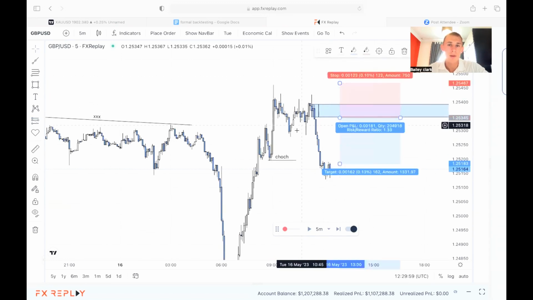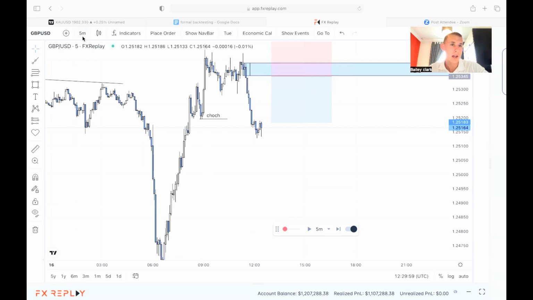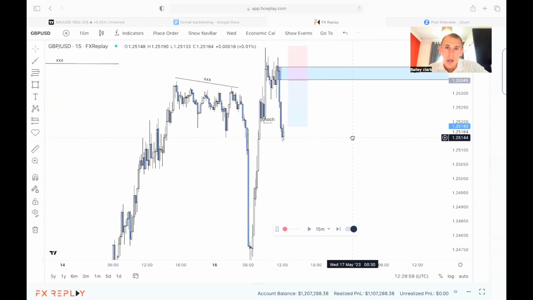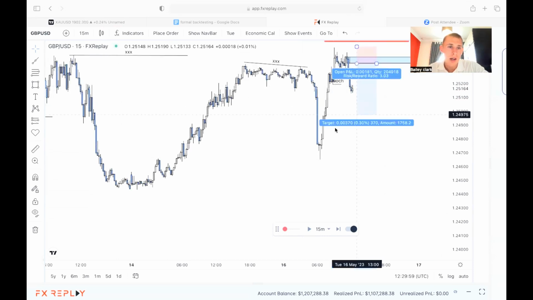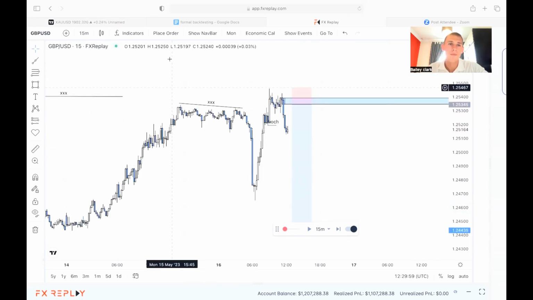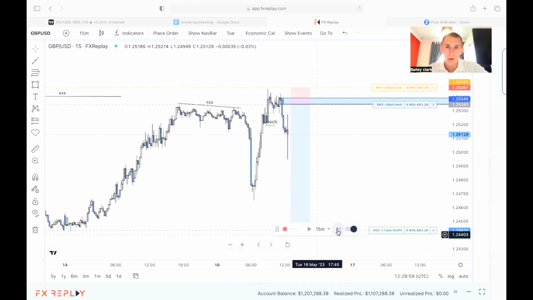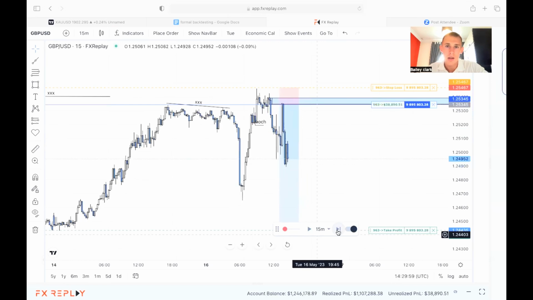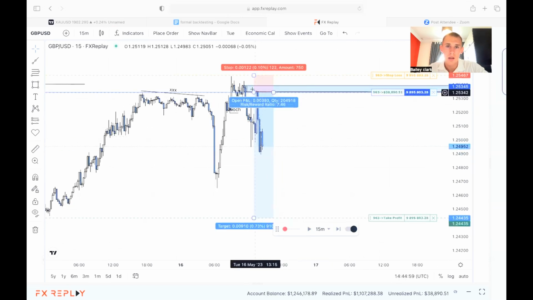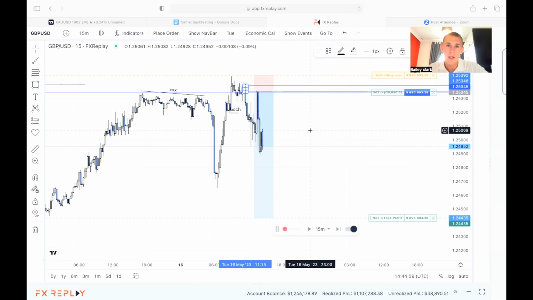Stops above the high, as if price goes above the high, then we were clearly wrong. And we're going to target all of this liquidity down here. Place the order and tagged in. Let's see. So this area was mitigated.